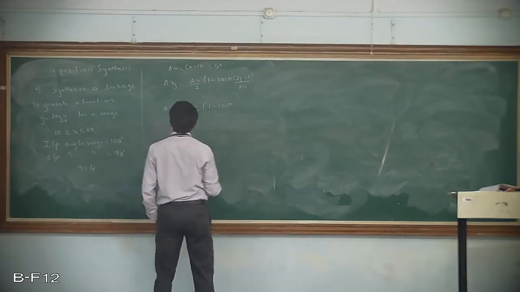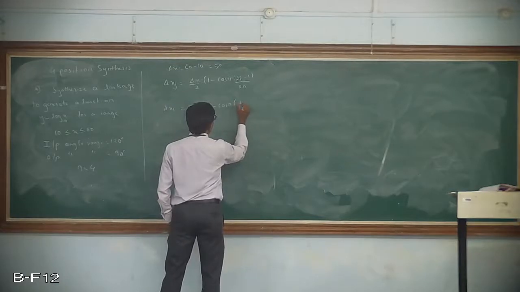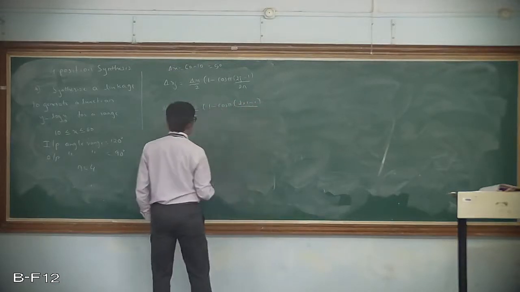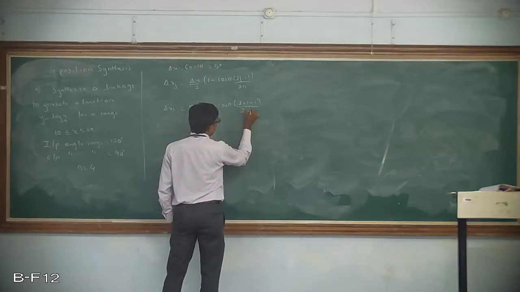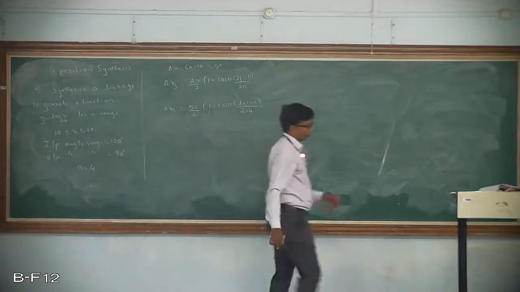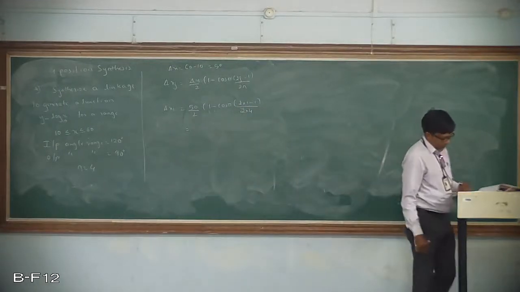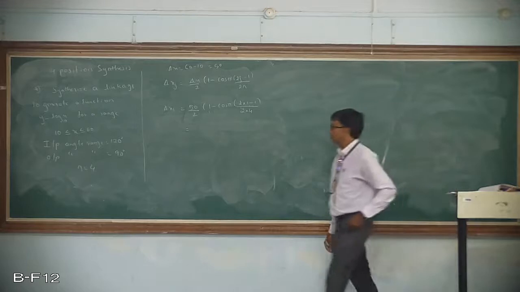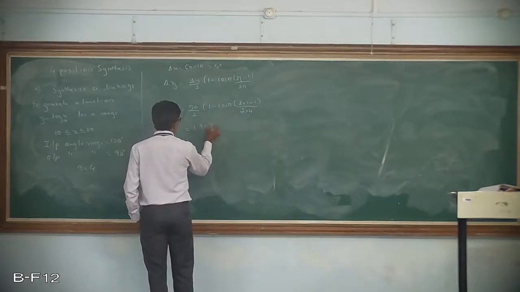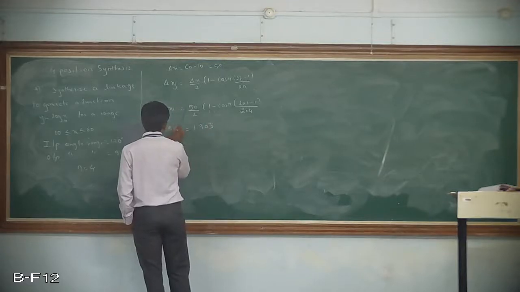As we are finding the first precision point, it will be 2 into 1 minus 1 divided by number of precision points, which is 4, so 2 into 4. When you solve this, we will be getting 1.903. So 1.903 will be the delta x1.